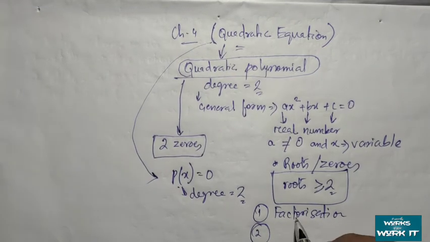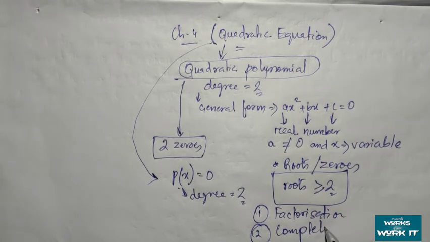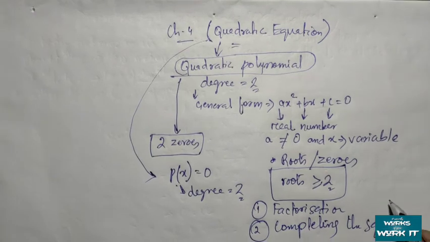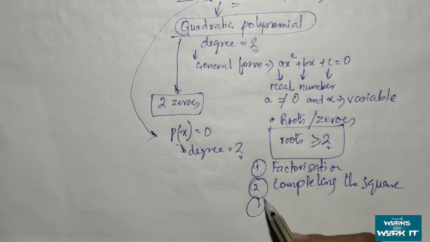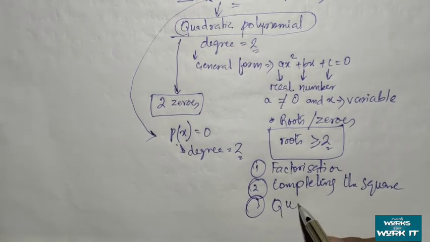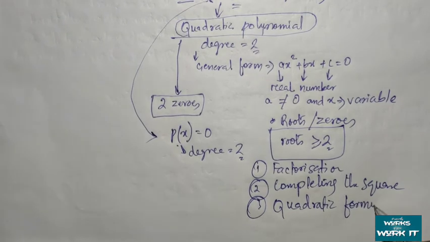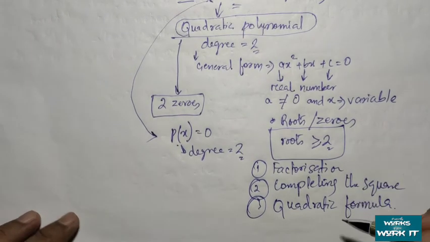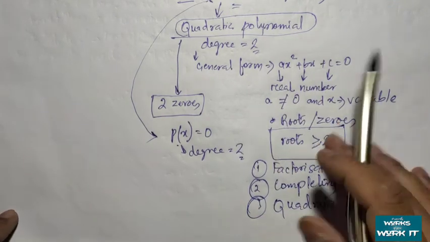The second is the method of completing the square, and the third is by using the quadratic formula. These are the 3 methods used to find the roots of any given quadratic equation.